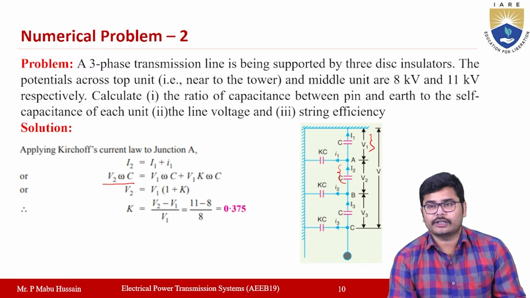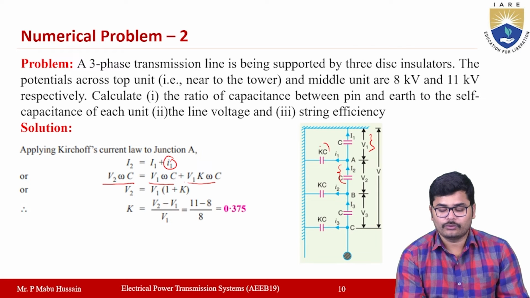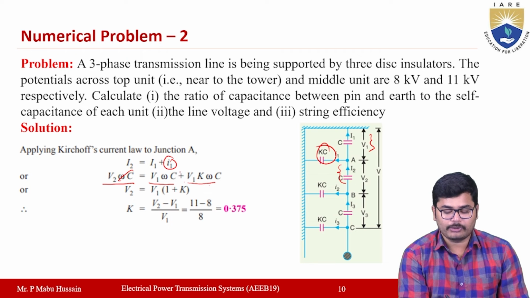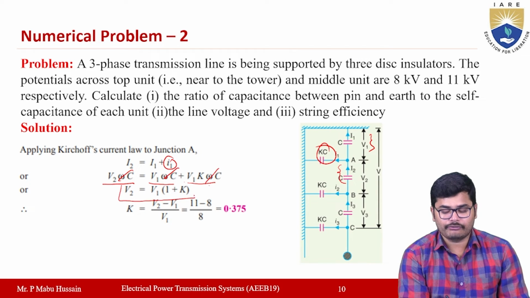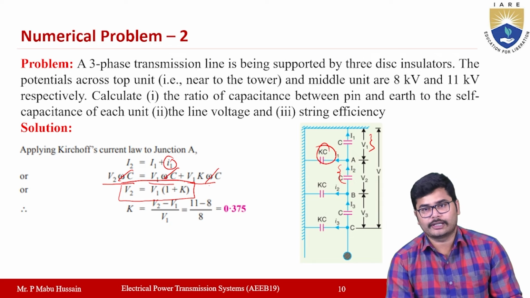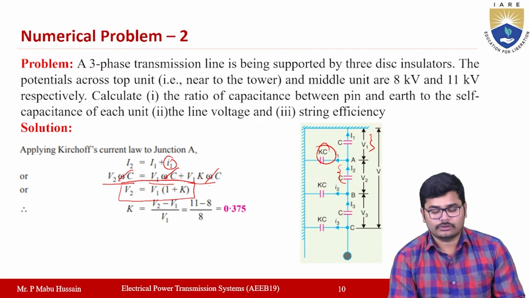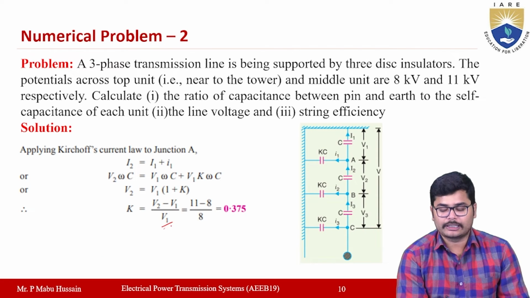In terms of voltage, I1 will be V1 into omega C plus small i1 will be V1 into omega into KC. Again here omega C will get cancelled. So the value of V2 will be equal to V1 times 1 plus K. Now you know the value of V2 and you know the value of V1. So the value of K you can write as V2 minus V1 by V1.